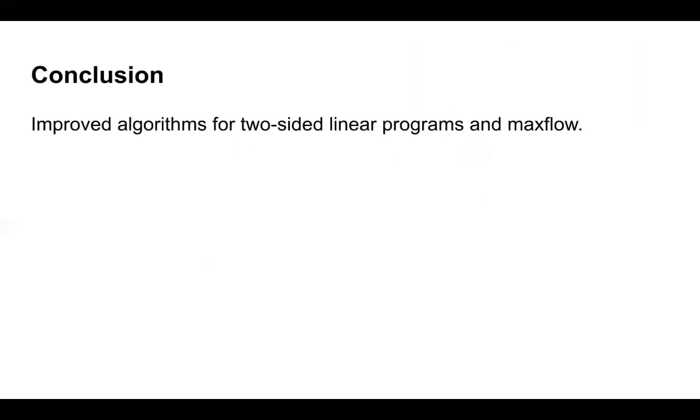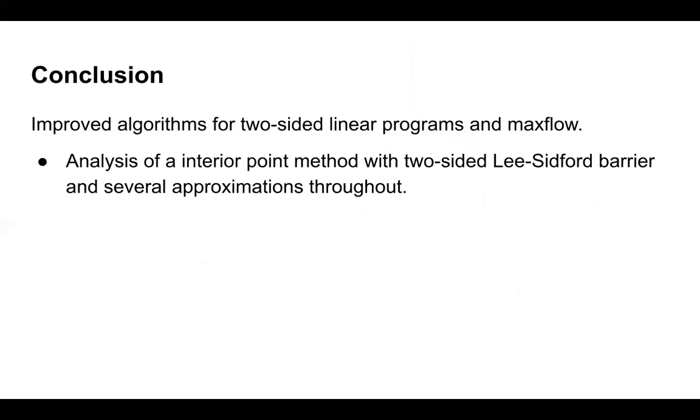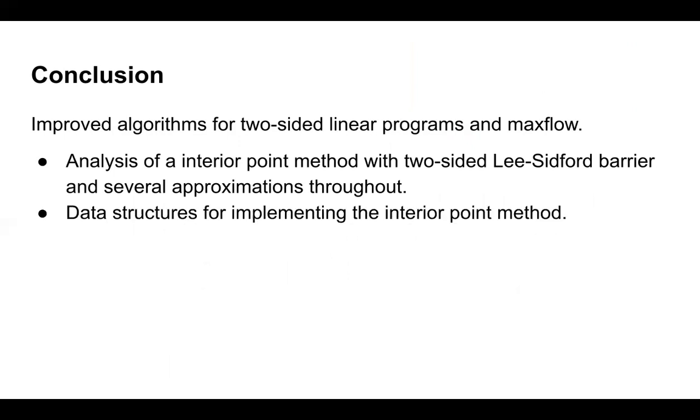To conclude, in our work, we gave improved algorithms for two-sided linear programs and the max flow problem. To achieve this, we gave an analysis of interior point method with a two-sided Lee-Sidford barrier and several approximations throughout that I just mentioned. And we gave data structures for implementing this interior point method.